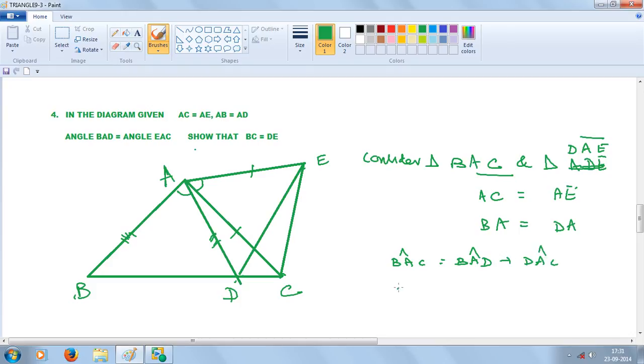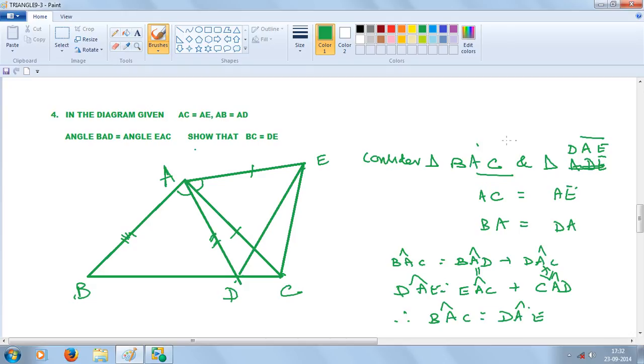And angle DAE is equal to angle EAC plus angle CAD. These two are the same, angle DAC or CAD. Angle BAD is equal to angle EAC, it's given. Therefore, by 1 and 2, angle BAC is equal to angle DAE.